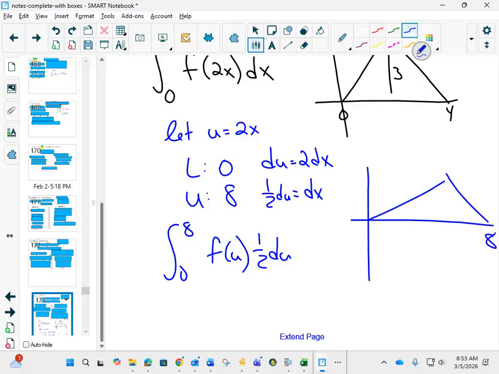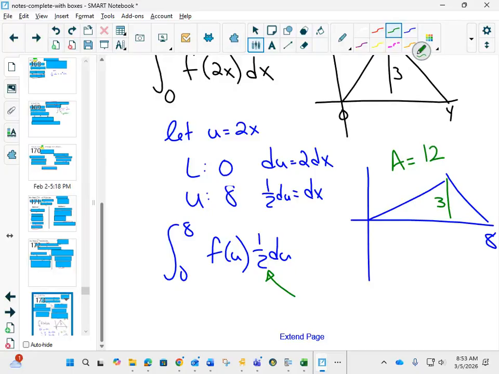well, 0 to 8 will be a much bigger area, right? Would that area be twice as big since I made the base twice as big? Yes. So you see how that substitution, this part of the half that comes in, compensates for that. Because if we stretched it out, my area would have increased. Now my height is still 3, but my area, base times height divided by 2, is double, it's 12.